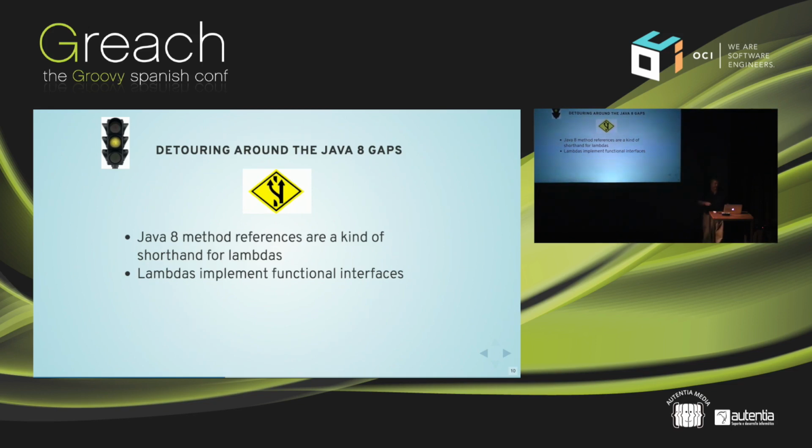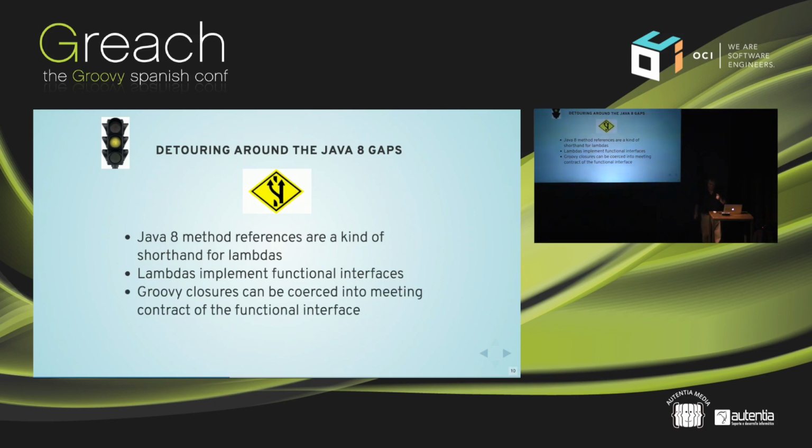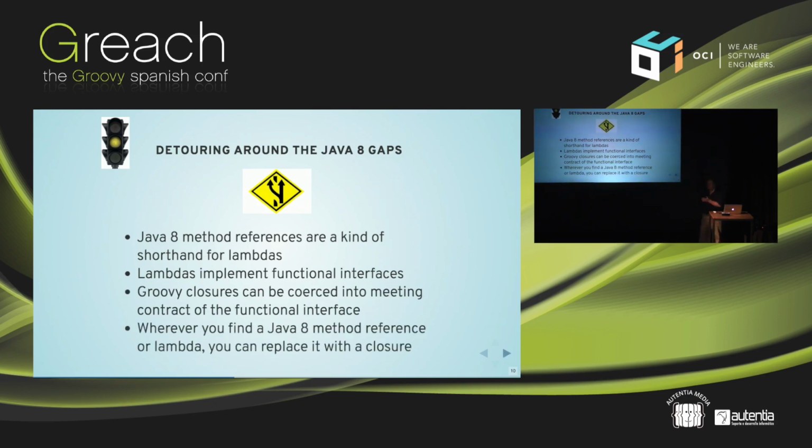Java will compile that implementation in. So it all works. Well, Groovy closures can be coerced into meeting the contract of a functional interface. So that means wherever you see a Java 8 method reference or a lambda expression, you can just replace it with a closure, and Groovy will coerce it to meet that functional interface requirement.